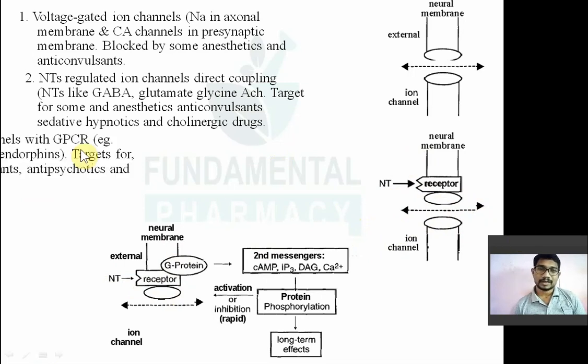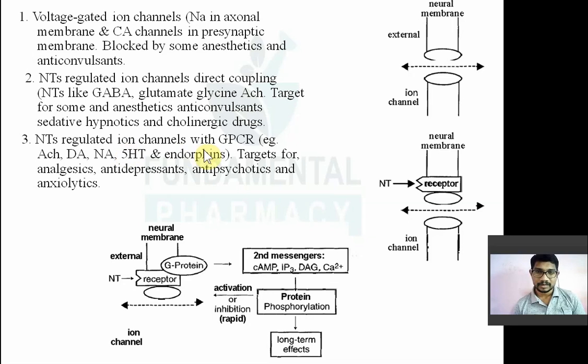There is another kind of neurotransmitter regulated ion channel with G protein coupled receptors. For example, the acetylcholine receptor, then dopamine, noradrenaline, endorphins. These neurotransmitters are also targets for analgesics, antidepressants, antipsychotics, and anxiolytics. The neurotransmitter will interact with the receptor, then the G protein coupled receptor will be activated, and there is generation of secondary messengers like cyclic AMP, inositol phosphate, diacylglycerol, calcium.